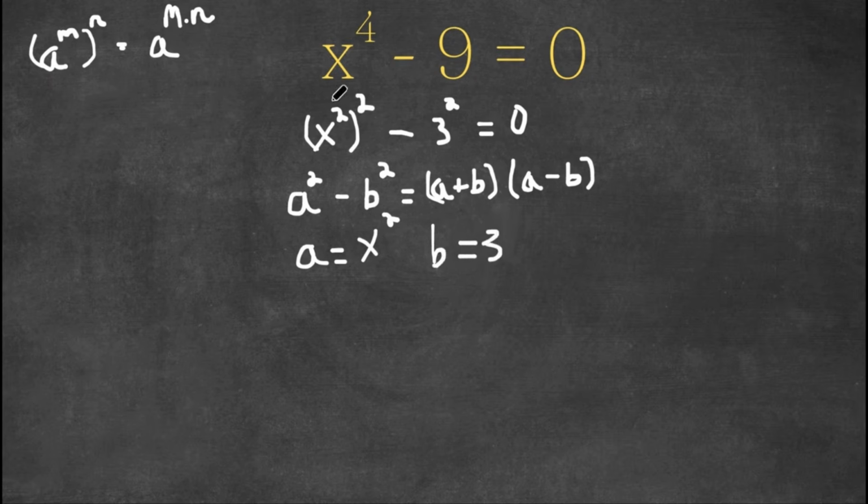So we have x squared to the power of 2 minus 3 squared, and this is also equal to a squared minus b squared. So all we have to do is plug in a and b into our expression here, a plus b times a minus b. So a is x squared, so we have x squared plus b is 3 times x squared minus 3.